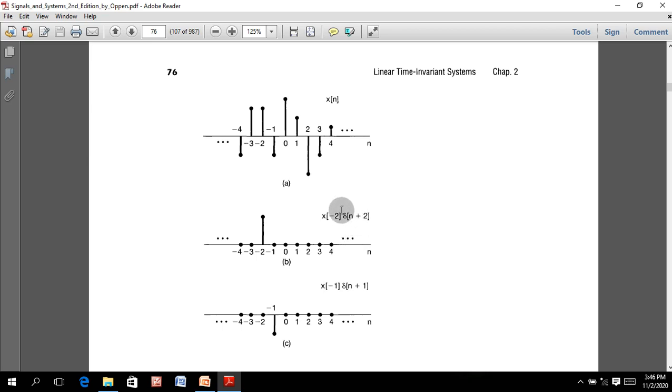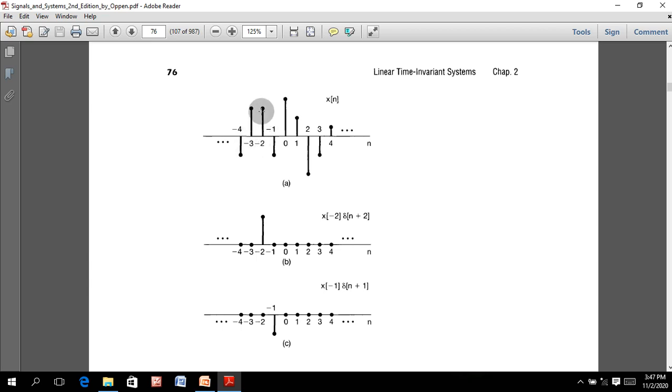Suppose this is x of n, the signal form. At -4 it has some value, at -3 some value, at -2 some value, then -1, 0, 1, 2, 3, 4. It is specifically a discrete time signal where we have quantized the independent variable, which is time. We discretize that independent variable and give it the name of integer value, and each integer value has a specific amplitude.